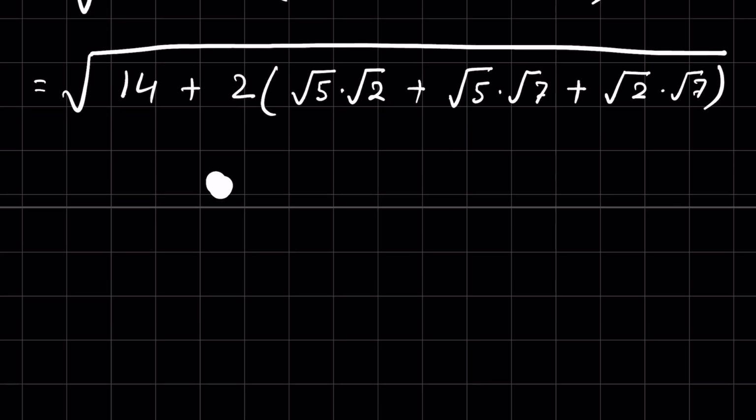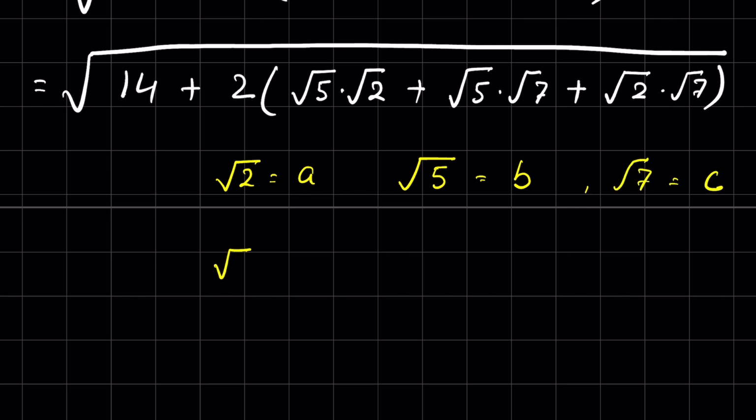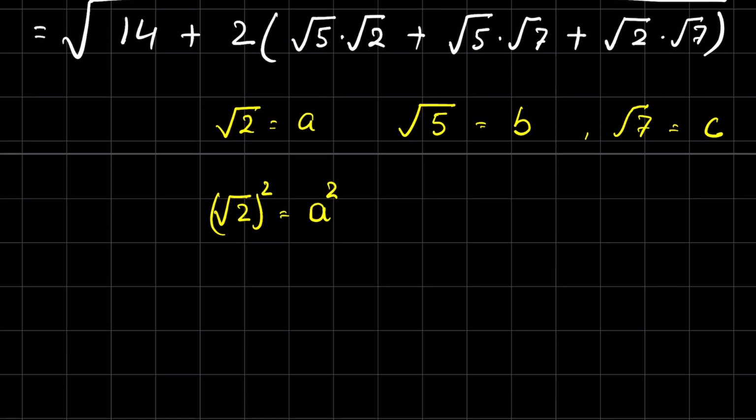Now consider square root of 2 as a, square root of 5 as b, and square root of 7 as c. Then square root of 2 square, if we square both the sides, a square will be 2. We can remove the square root with this square.